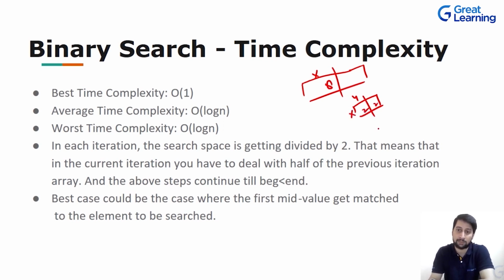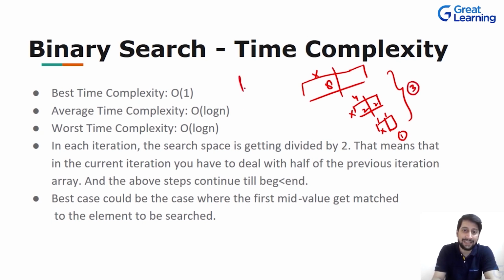Then we will neglect 2 elements. Then 1 and 1. Then again, one of the elements can be neglected. So we focus on this element. So the entire searching will be done in 3 steps, right? Now, if I take an example, and if I do a log 8 to the base 2, what should be the value of this?